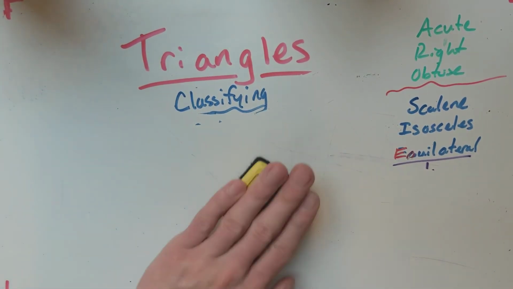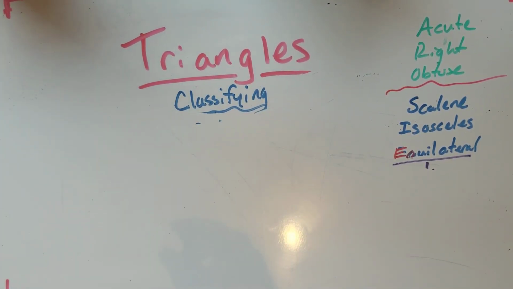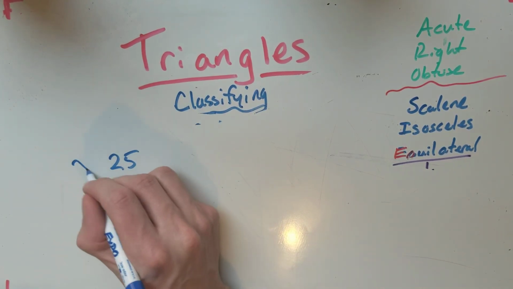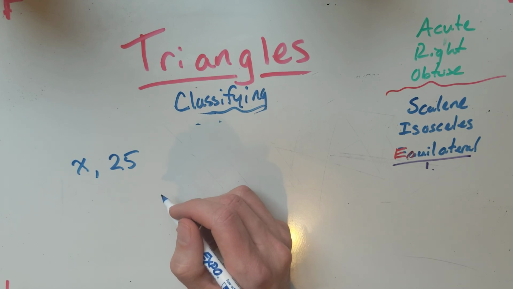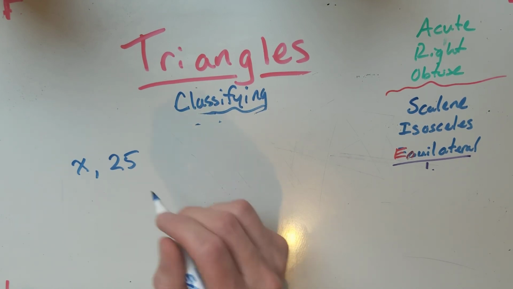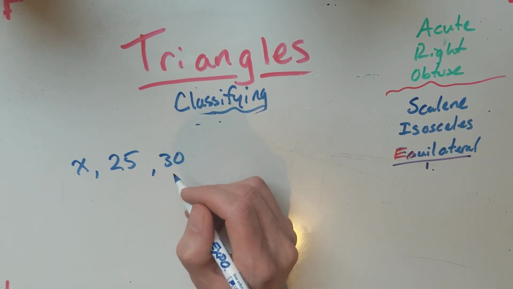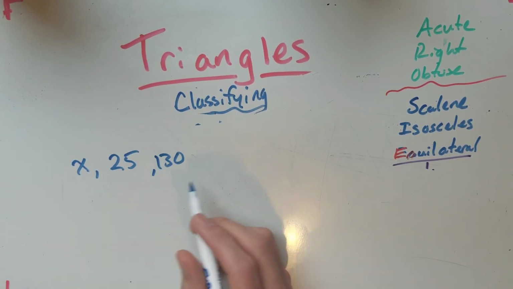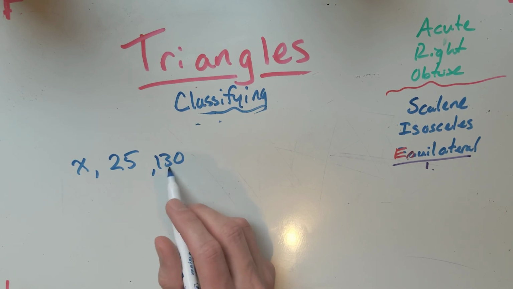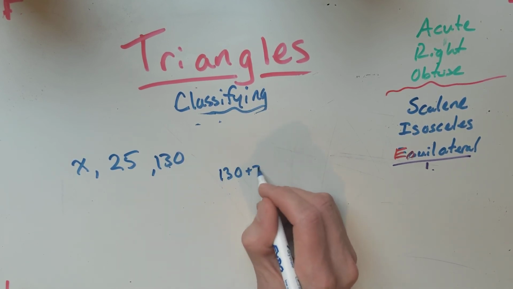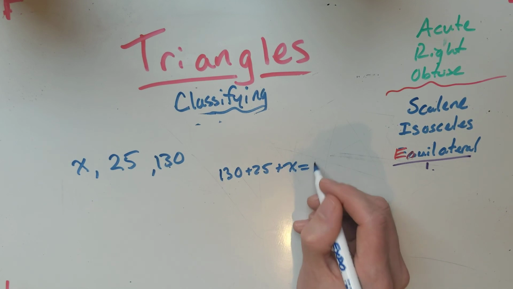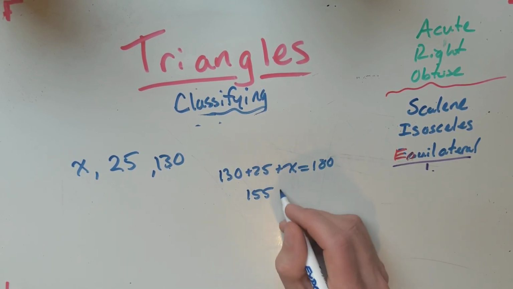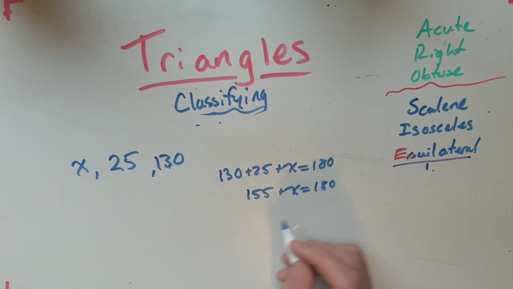Alright, and our last one, we have the measurements x, 25, and 30. So let's go ahead, 130. When you figure out what x is here, well, 130 plus 25 plus x equals 180. 130 plus 25 is 155 plus x, and that's 180.